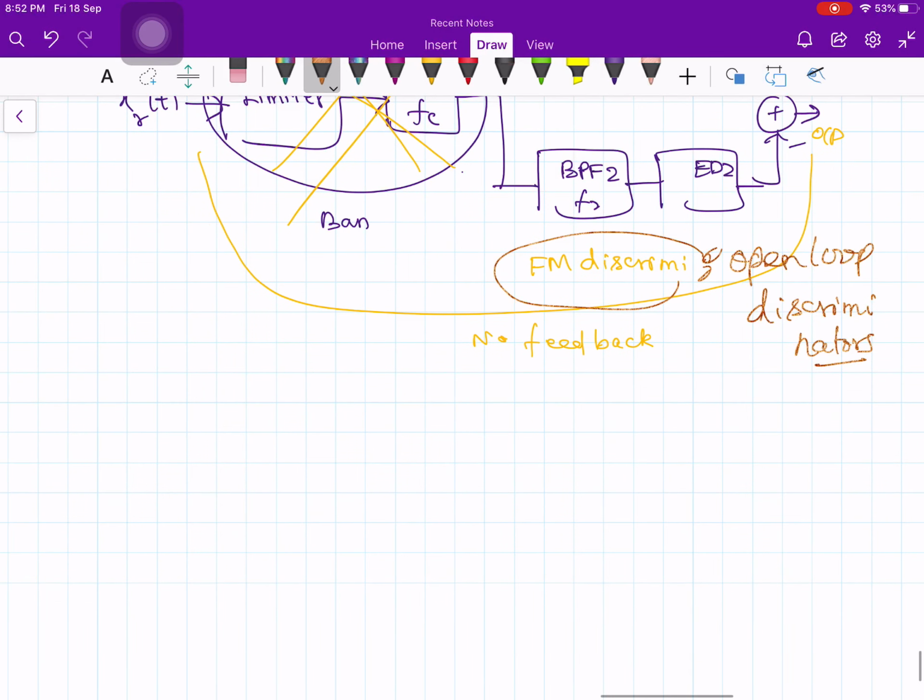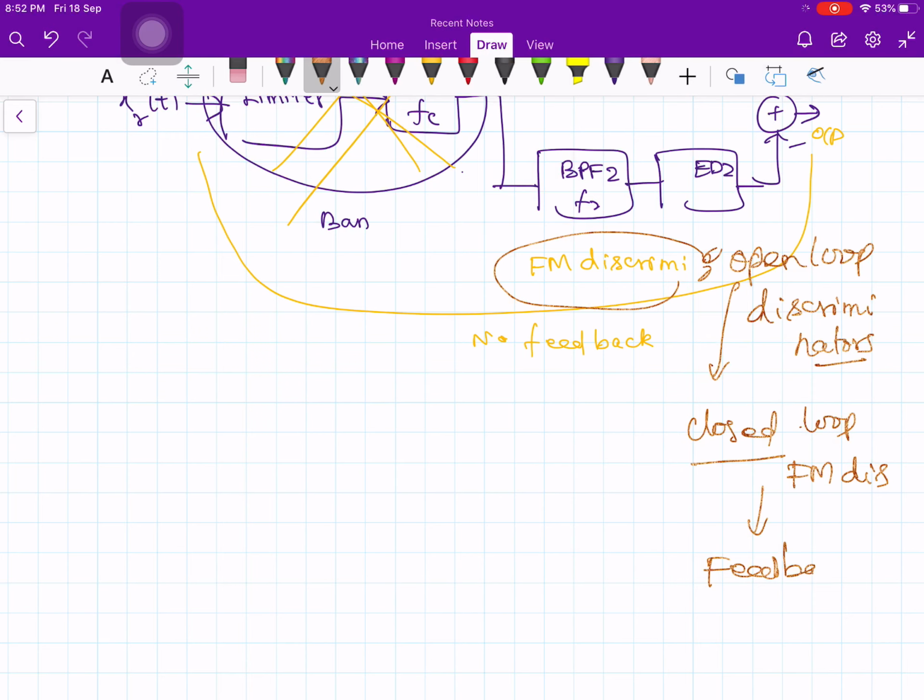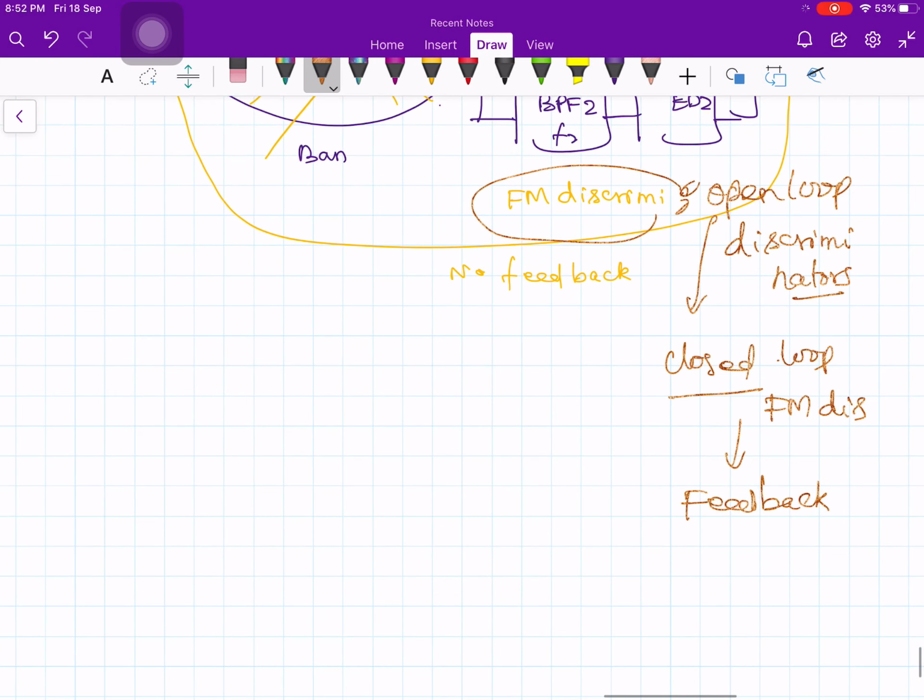And if I say open loop, then the opposite is closed loop. So we will have closed loop FM demodulators also, and these closed loop FM discriminators are called feedback discriminators, or we can say demodulators. That we will discuss in the next class.